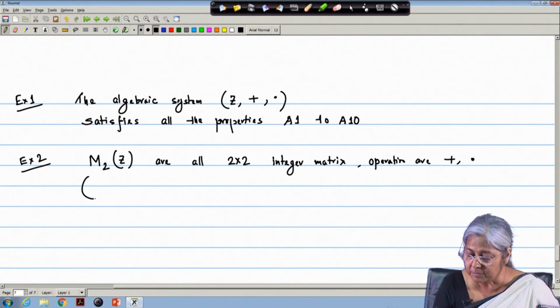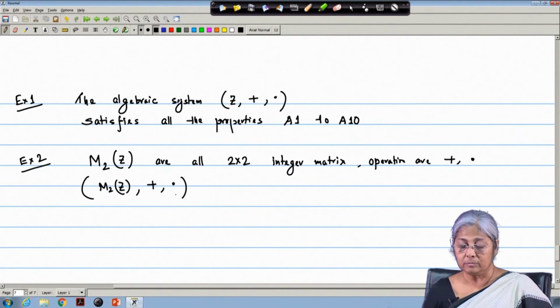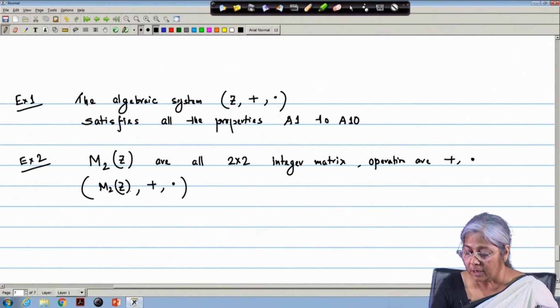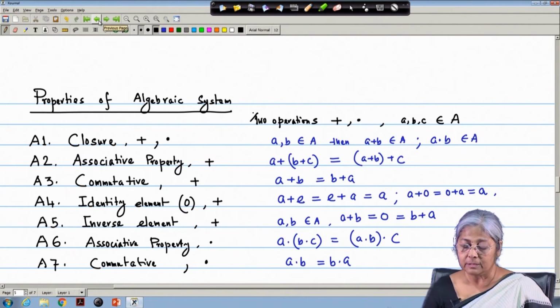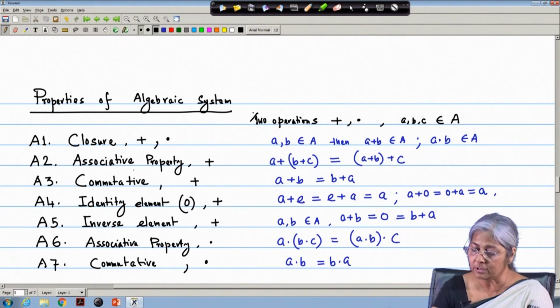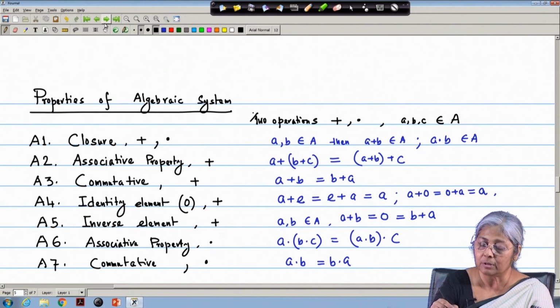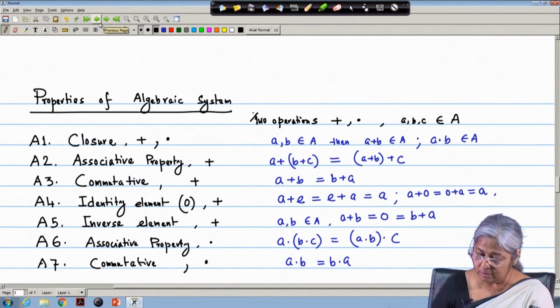That means my system is M2(Z), plus and dot. Now, you see that under addition all the properties hold, that means it is closure, associative, commutative, the identity element is also there, so it will be up to A5.